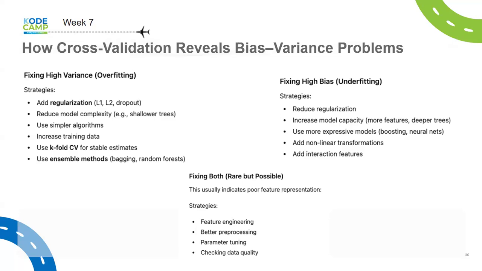Then, if you have a situation where you have both overfitting and underfitting, that's a very rare situation, right? Rather, you have high bias and you have high variance, right?